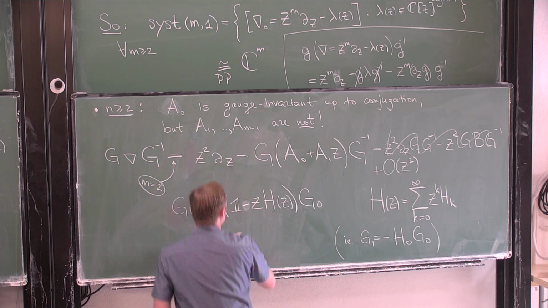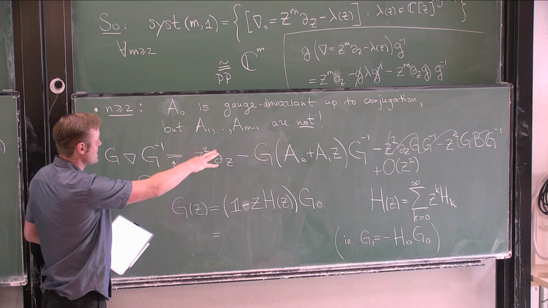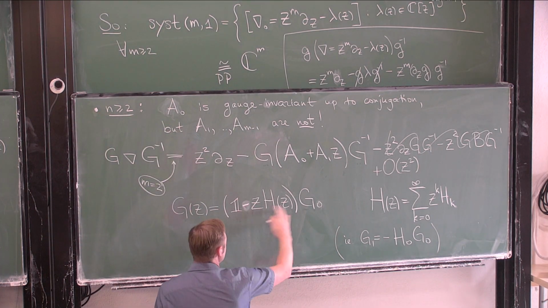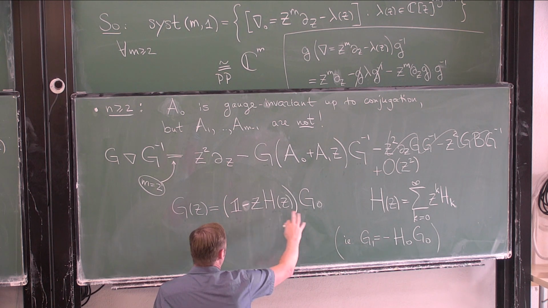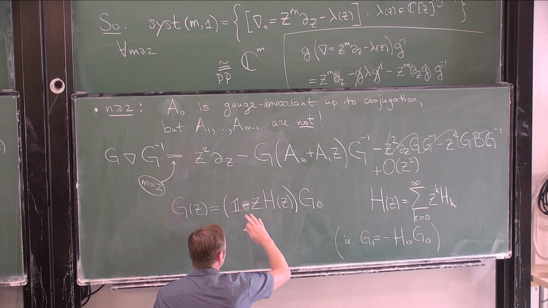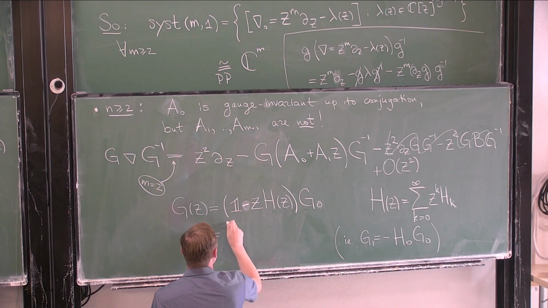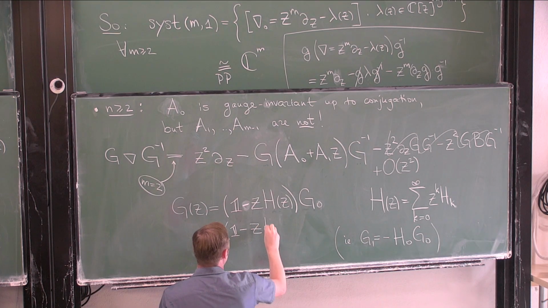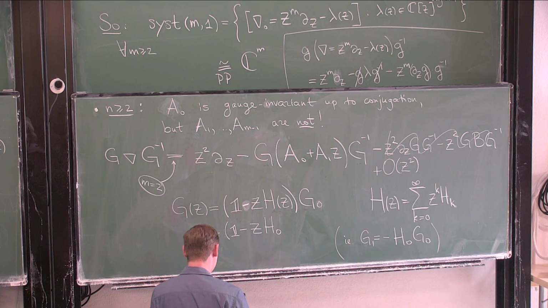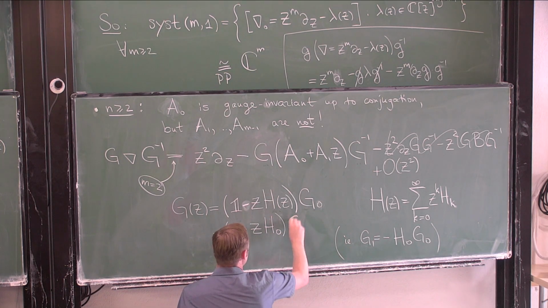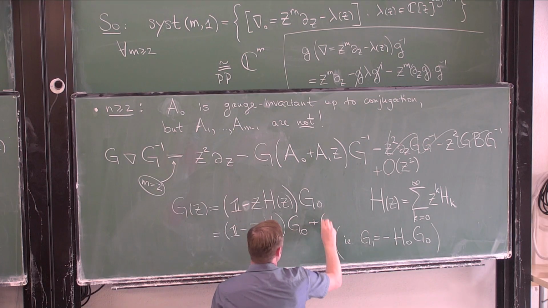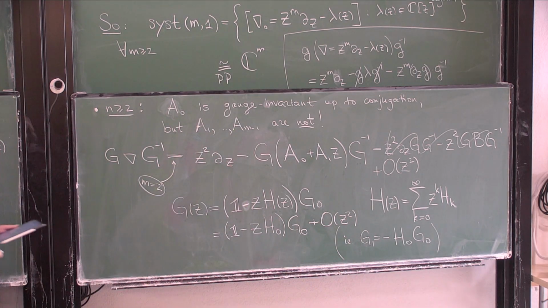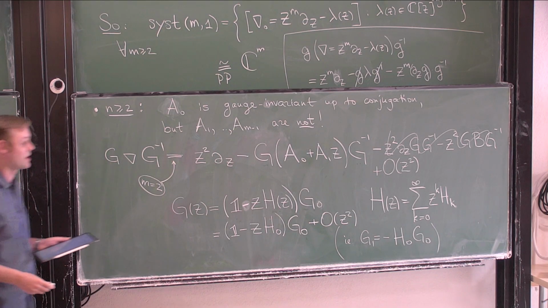I've already said this, I only care about order up to Z. So even in this expansion, I'm going to suppress anything that is of order Z squared or higher. So I will write this furthermore like this. I will only care about the H0 matrix, G0, and whatever remains I put into this notation. Does this make sense?